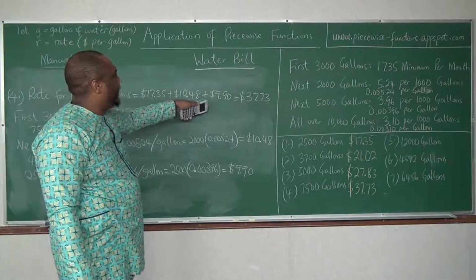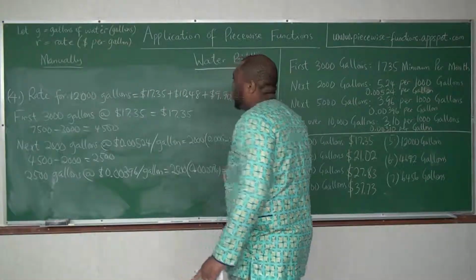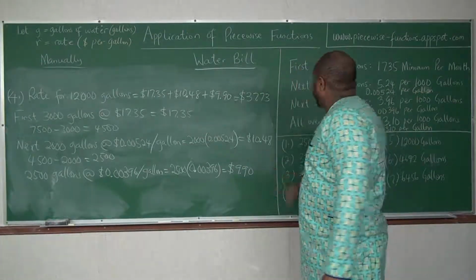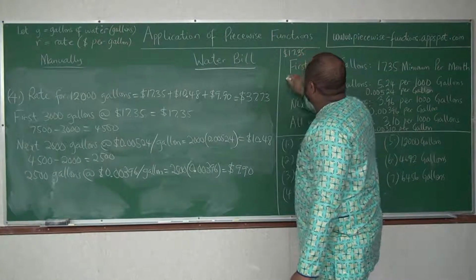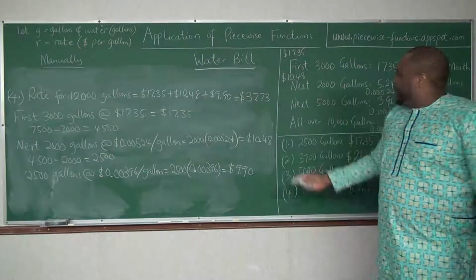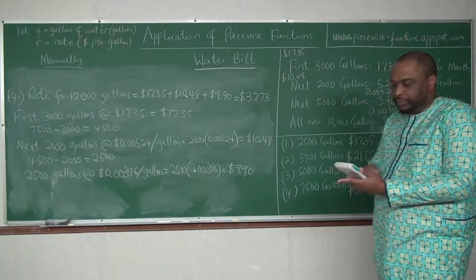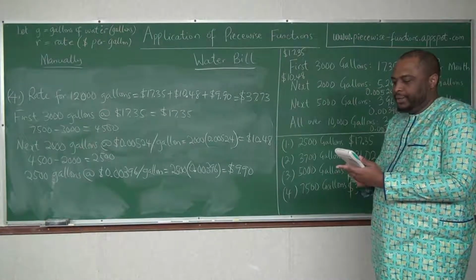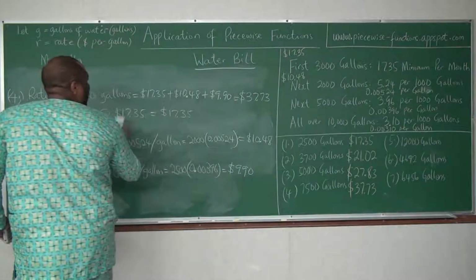This is 10.48. So this here is 17.35, this here is 10.48. That's 2,000 times this, 10.48. Let's cross check again.